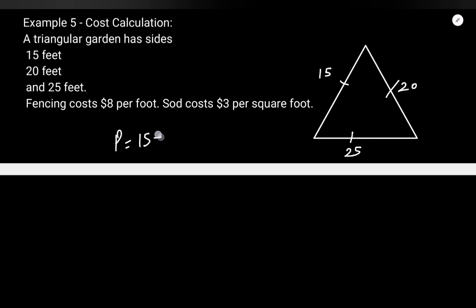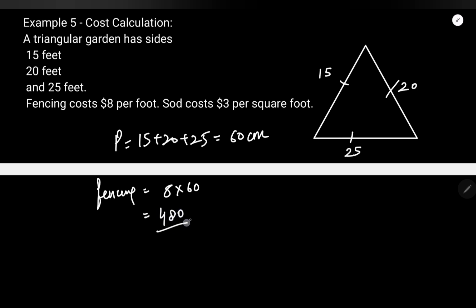Perimeter is 15 plus 20 plus 25, which is 60. So fencing cost would be 8 multiplied by 60, because you will have to do the fencing on 60 feet, and it is 8 per foot. That is $480, right?